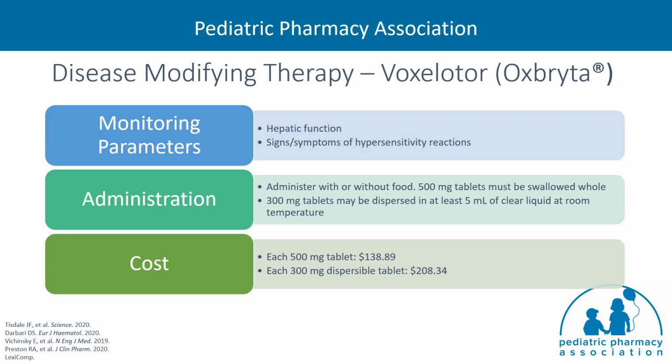at room temperature. So essentially you would disperse the tablets needed to achieve that patient's dose in a cup with room temperature clear liquid, so it can be water or a clear soda, and that needs to be 5 mLs per 300 milligrams. So if it's a 600 milligram dose, it needs to be 10 mLs.